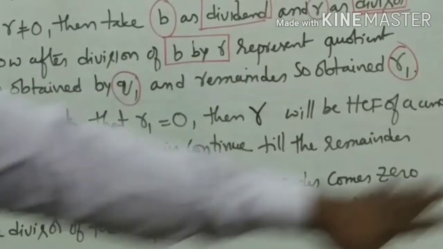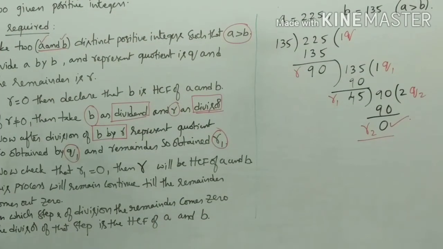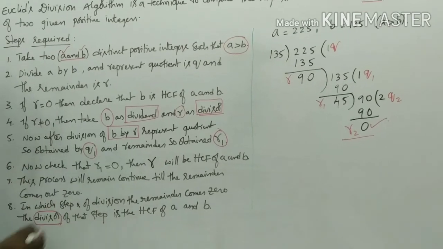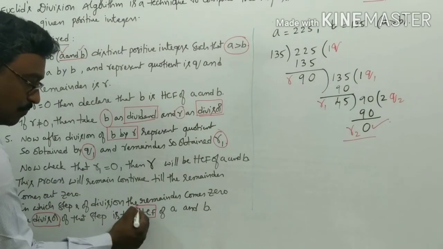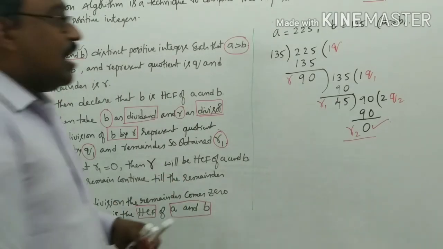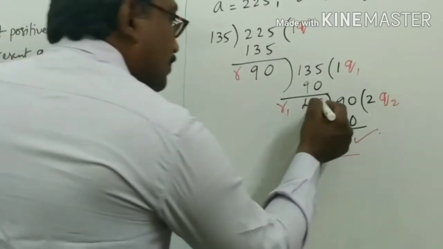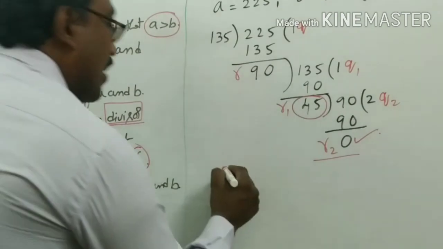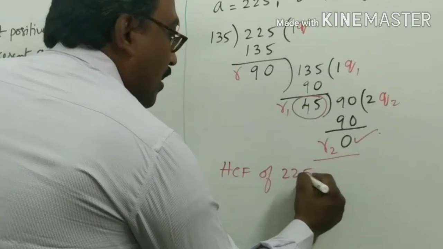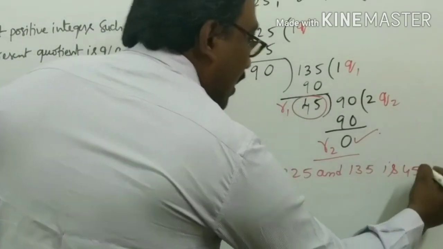The very important point is that the divisor is the HCF of A and B. In the third step, the divisor is 45. Therefore, the HCF of 225 and 135 is 45.